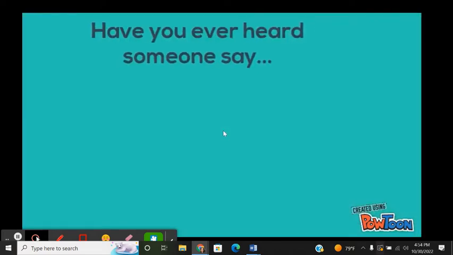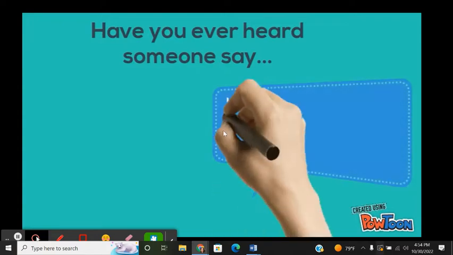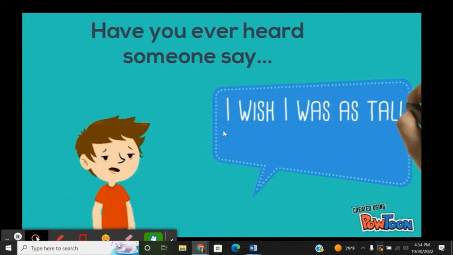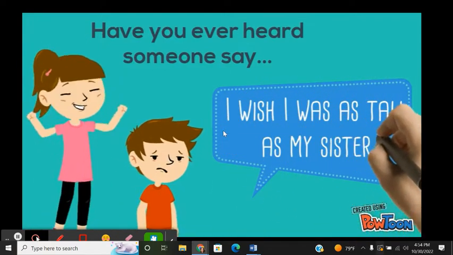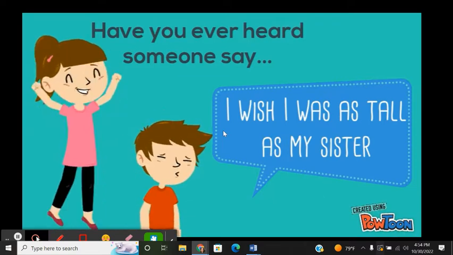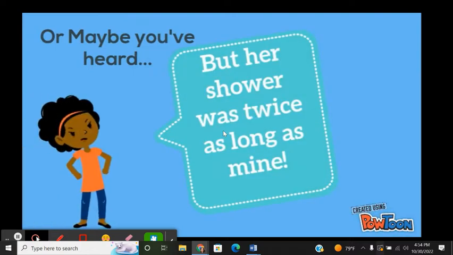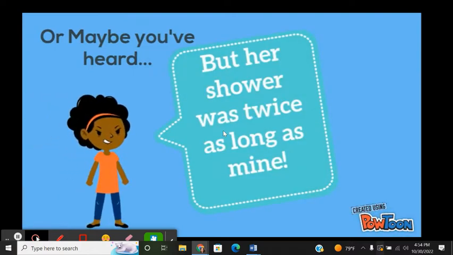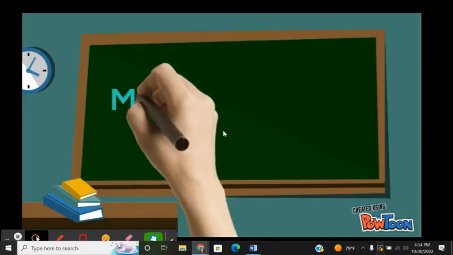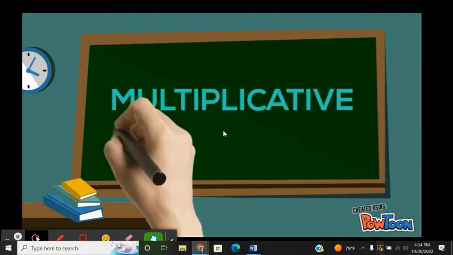Have you ever heard someone say, "I wish I was as tall as my sister"? Or maybe you've heard, "But her shower was twice as long as mine." These are examples of multiplicative comparisons.